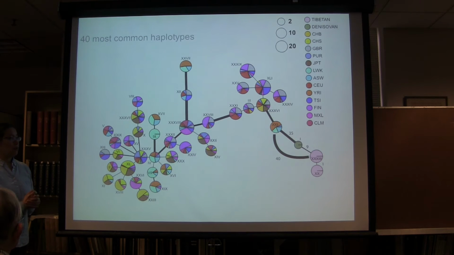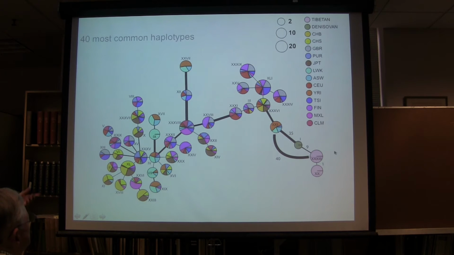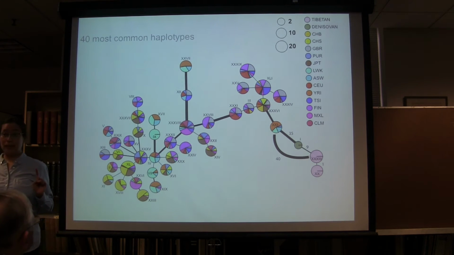And what you find is that here you see these are 2 Tibetan haplotypes, and only Tibetans have this haplotype. And what you can see is that the other closest haplotype is the Denisovan haplotype, and there's 9 differences between these 2 haplotypes. And if you ask what's the next closest haplotype, that's this haplotype here, but there's 40 differences between that haplotype and the Tibetan haplotype.